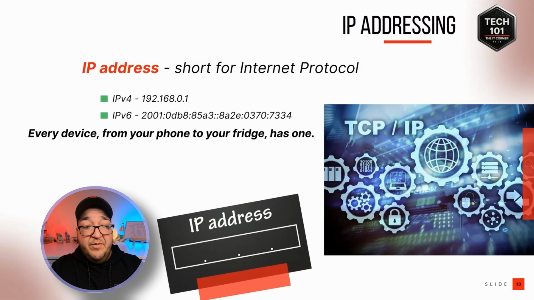IPv6 is the new version, and it can handle far more devices. For this course, at least, just think of IPv6 as a newer version of IPv4 that allows you to connect way more devices. You can address and tag more. Today we actually use both of them, and that's all for this one since it's Tech 101.